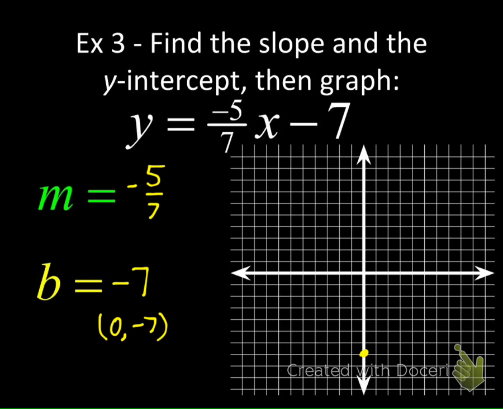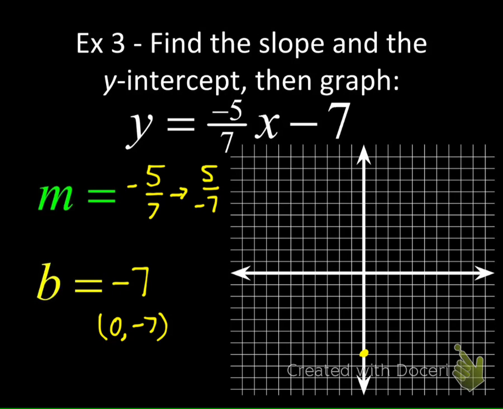So instead of having a negative on the top like you're supposed to, I'm going to put it on the bottom. So I'm going to have +5 over -7. So the line is going to look, just imagine that the coordinate plane is bigger, okay?